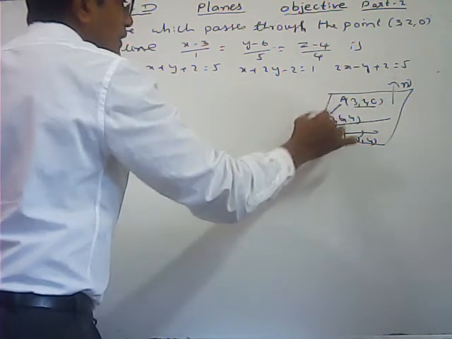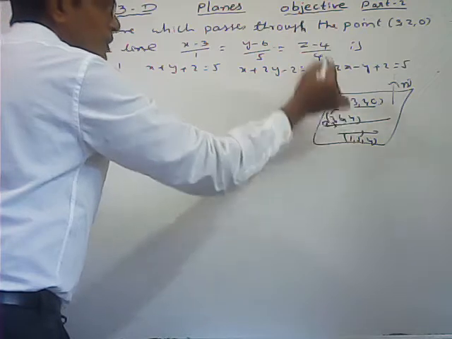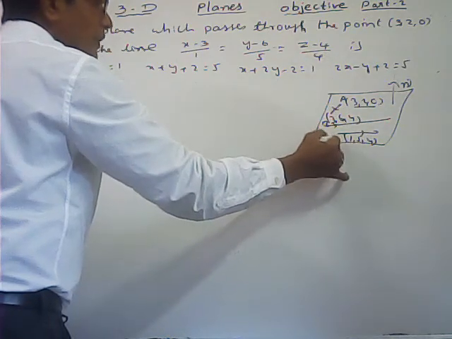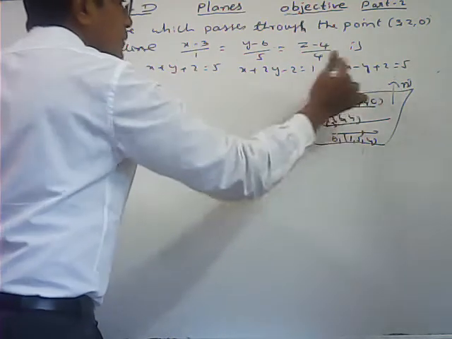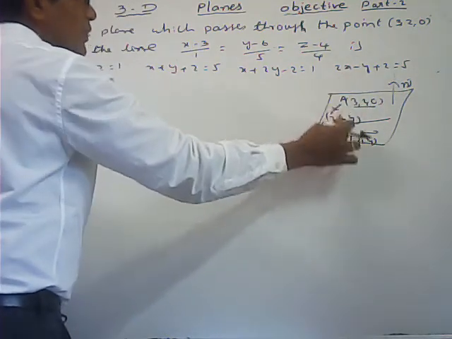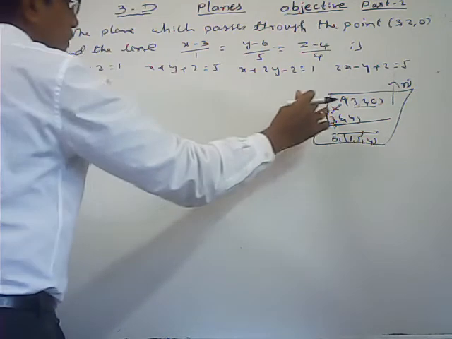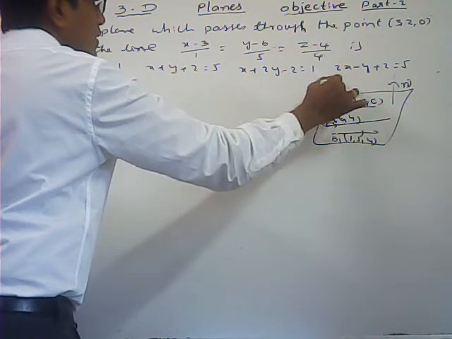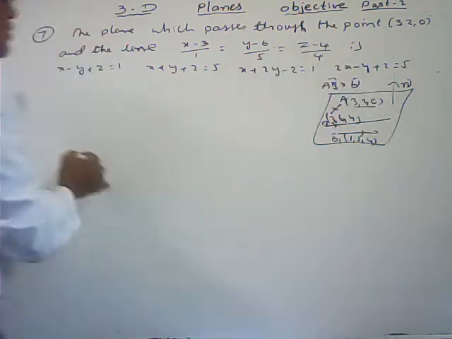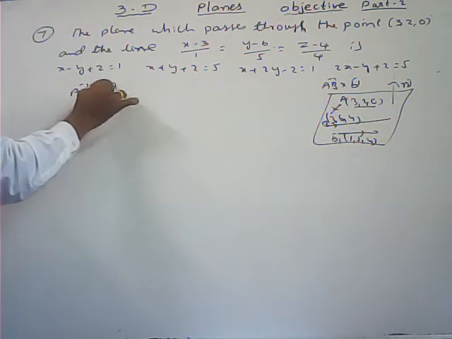This one I am taking A, this one I am taking B. AB bar is one of the vectors, and this is also another vector. B1 bar I am taking. So n bar is perpendicular to both the vectors. The vector perpendicular to the plane containing AB bar and B bar, we can write as AB bar cross B bar. So first I am finding AB bar cross B bar.